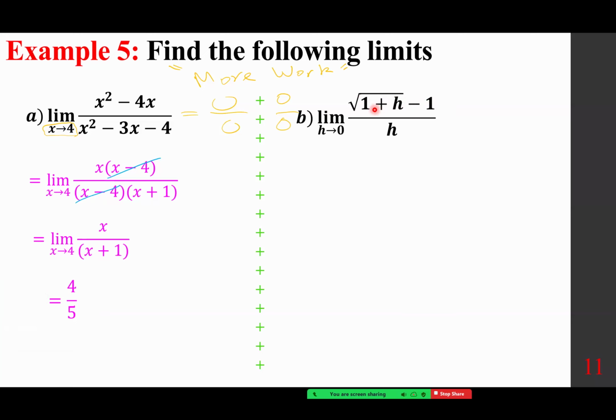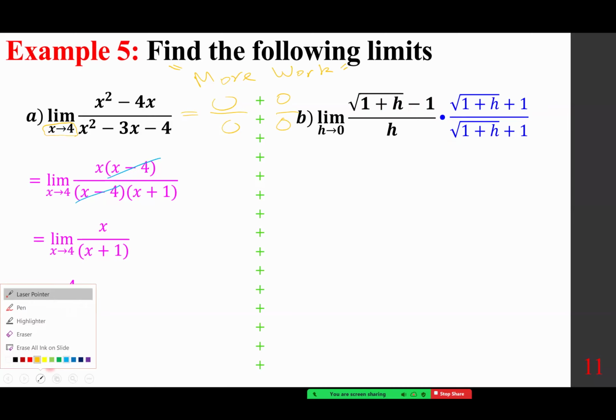So you multiply by the same thing and you change this to a plus sign. And at the same time, you divide by it. The reason you do that, because this expression is equal to 1, and that's okay.